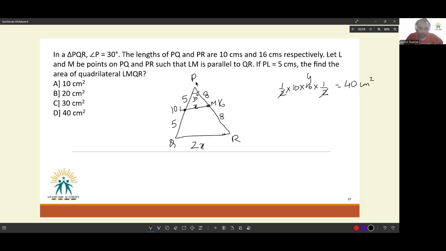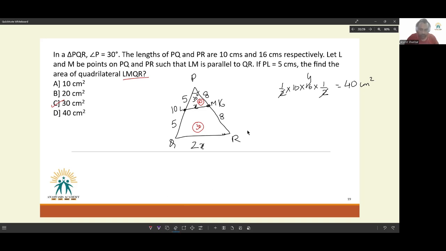And area of PLM will be 1/4 of that, so the area here will be 10. For the full triangle it will be 40. So area of the quadrilateral LMQR will be 30. Answer we can mark as 30.